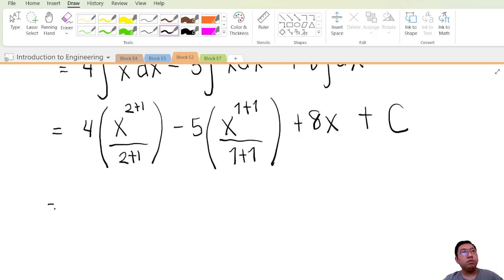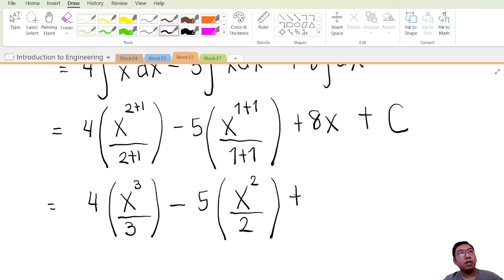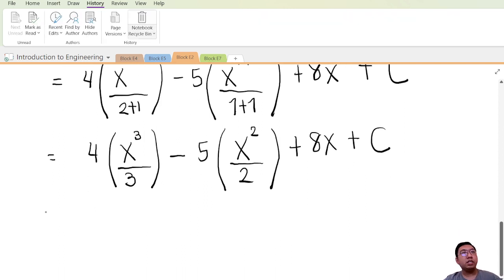So to continue, we have 4 multiplied by x to the 2 plus 1, that's 3, over 2 plus 1, that's 3. Minus 5 multiplied by x to the power of 2 over 2, and then plus 8x, and then plus c. My usual style here is to group the numbers as a coefficient.